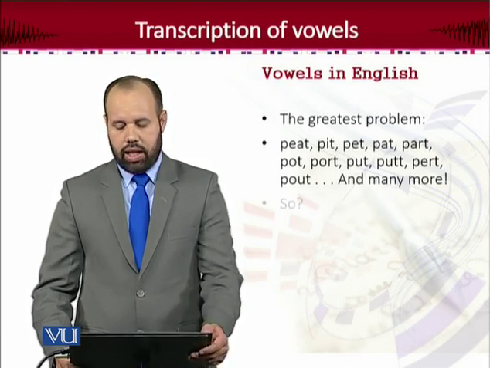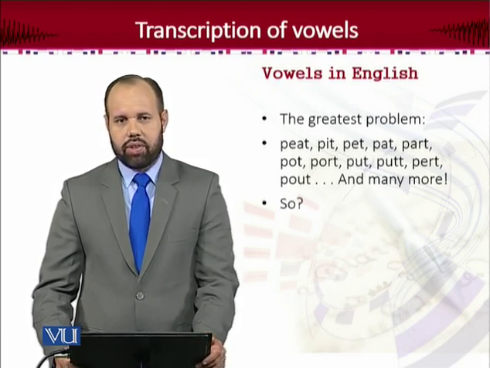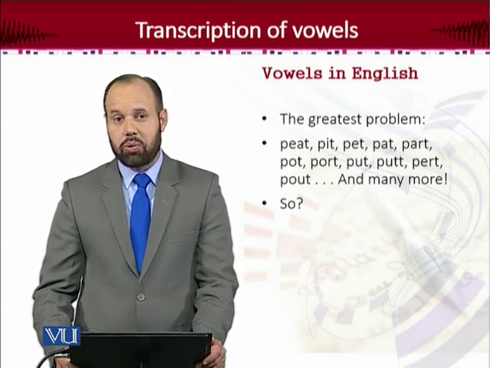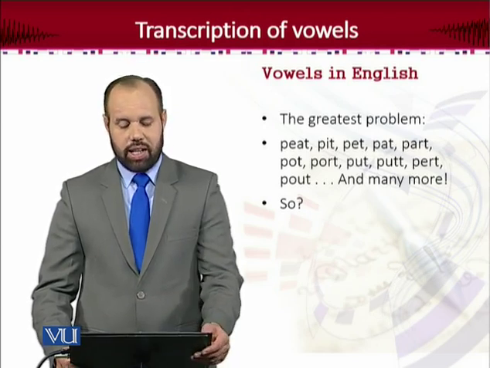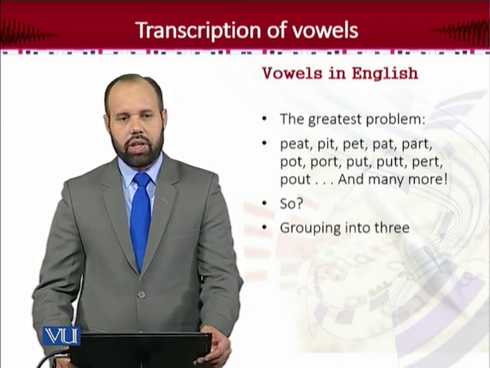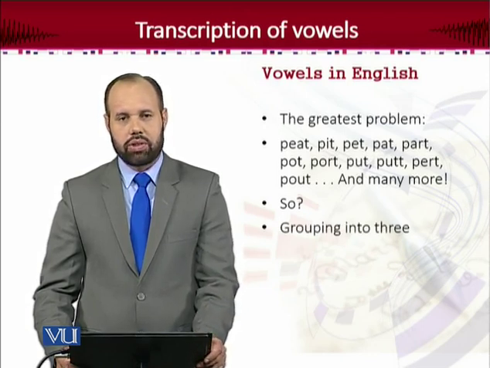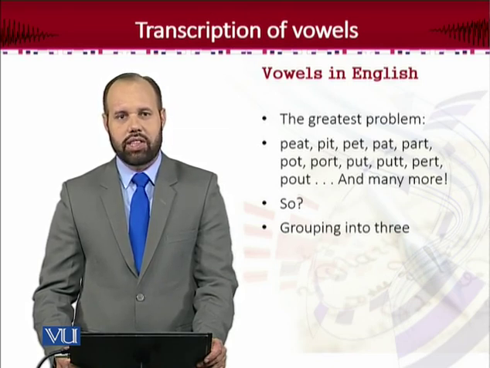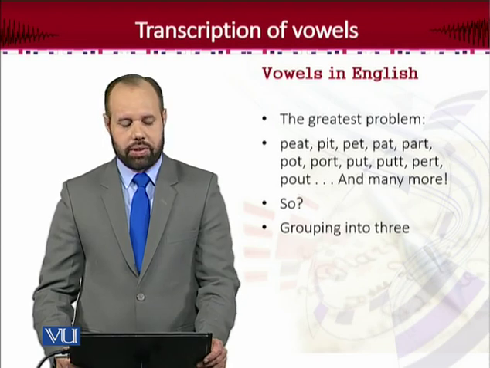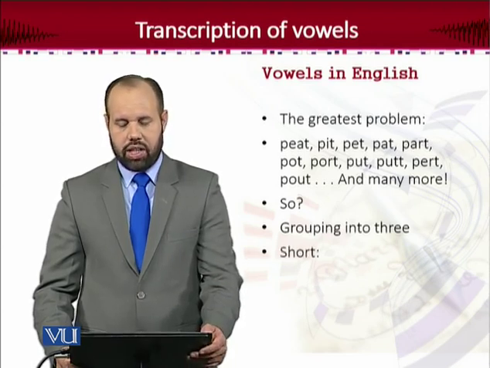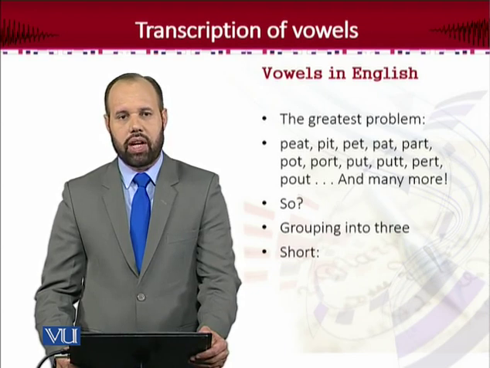All right, and what's the solution? The solution is that for the sake of transcription, we divide vowel sounds into 3 groups. This is one of the easy ways to learn the transcription of English vowels. The first group is short vowels, which are of shorter duration.